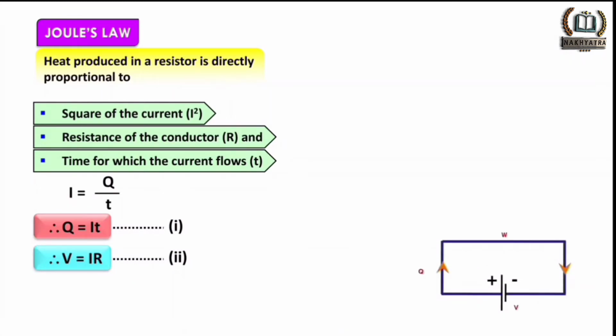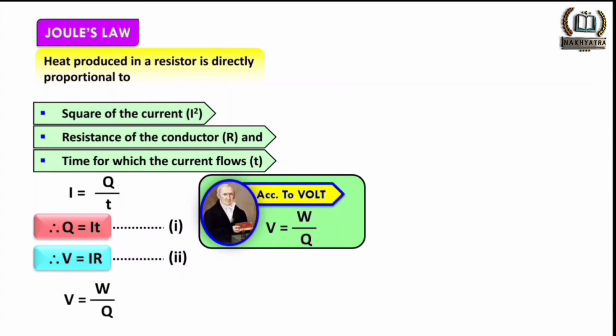Then in the third circuit, we can see that the charge Q is flowing, and when charge is flowing, work is done, and the potential difference is V. So V equals W by Q. Rearranging, W, the work done, equals V into Q, mark it as equation 3.